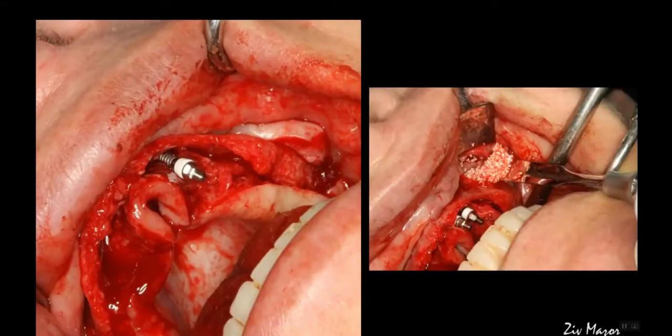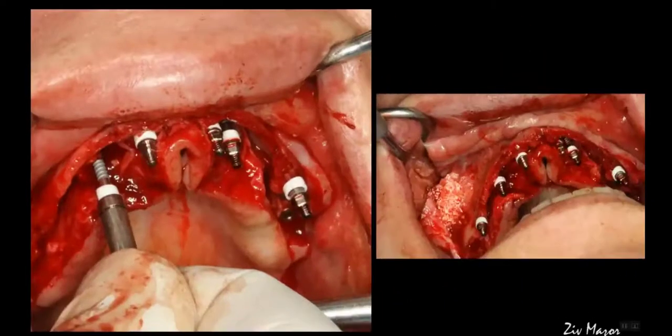You can see the implant which is inserted in the lingual aspect of the maxilla. We mix graft material, which was 50% allograft, 50% xenograft, and PRF mixed together.